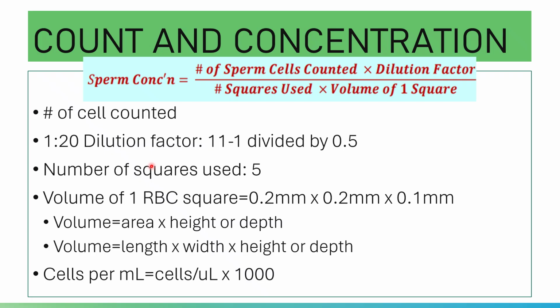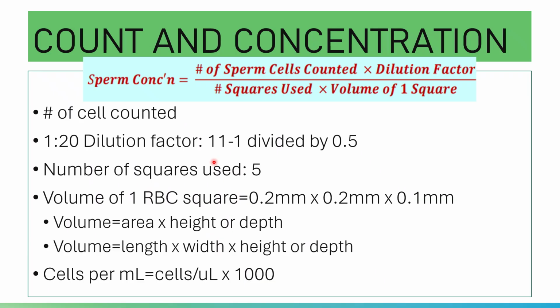How did you do it in the WBC Thoma pipette? You aspirated semen up to the 0.5 mark, and then you aspirated diluting fluid up to the 11 mark.